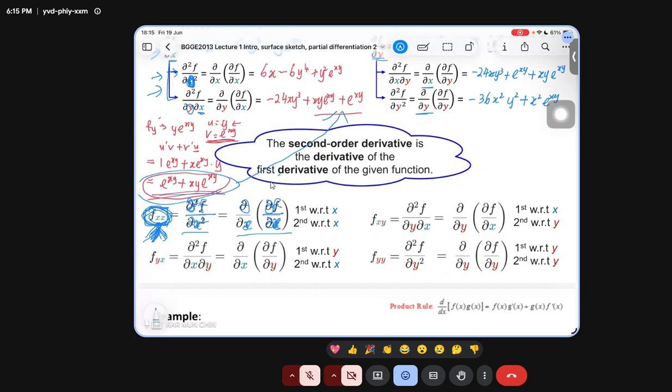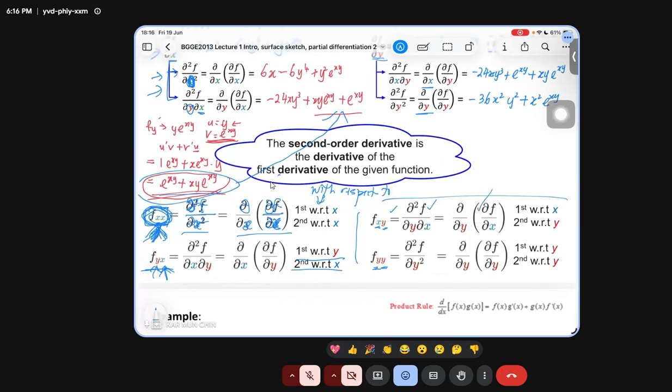Or it can be written like this, f_xx. For the second one, the first derivative is with respect to y and the second derivative is with respect to x, y and x. Here are the notes, with respect to. At the right side, the first derivative is x and the second derivative is y. The final one, the first derivative is y and the second derivative is y. Understand?